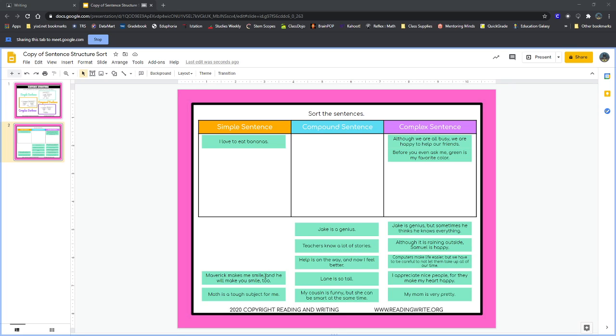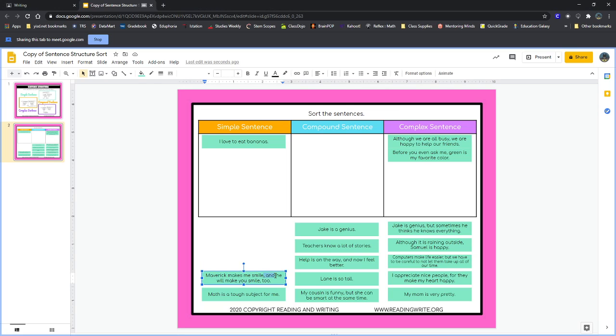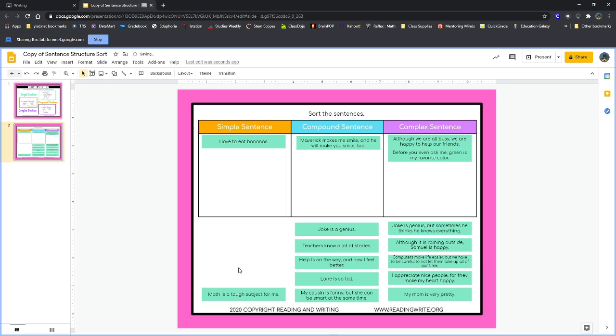Remember, the big clue that you have a compound sentence is the comma and the conjunction. If they have a comma and a conjunction, what they're doing is combining two simple sentences together. So if I see that comma and that conjunction, that is a compound sentence. So if you see that, Noah, in the sentence, you know what kind of sentence it is. It's got a comma, it's got a conjunction.